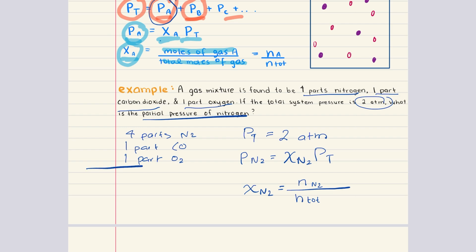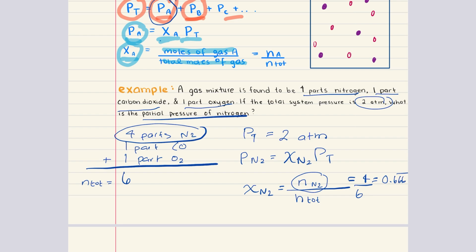We can treat these parts as mole information, so we can sum them up. 4 plus 1 plus 1 gets us 6. That's going to be our N total. And then our number of moles for nitrogen gas is going to be 4, since we have 4 parts nitrogen gas. So we plug that in. 4 divided by 6 is equal to 2 divided by 3, which is approximately 0.666, and so on.